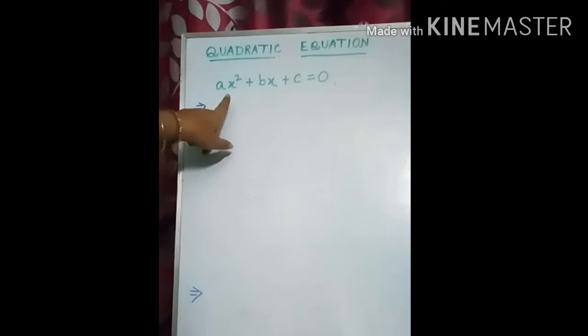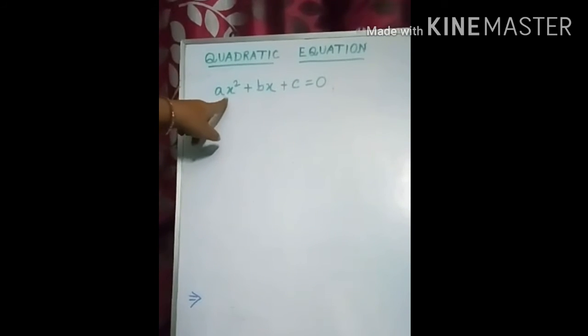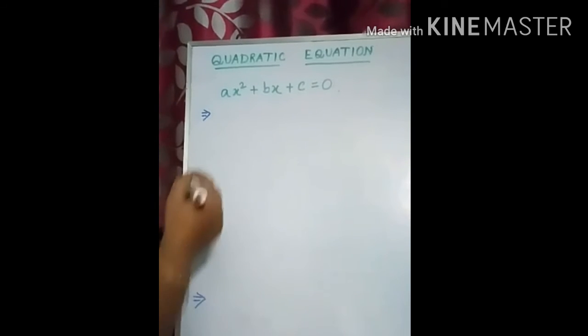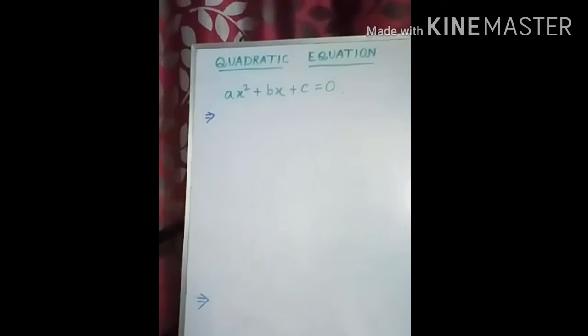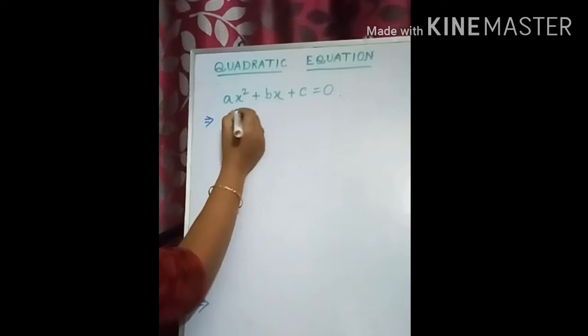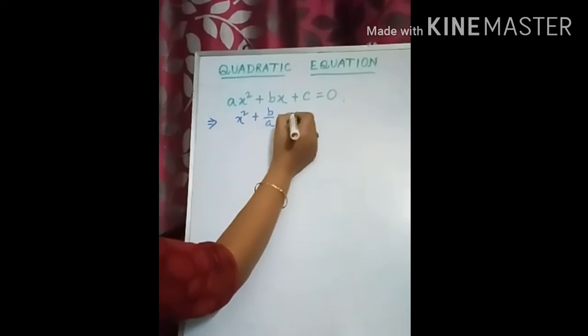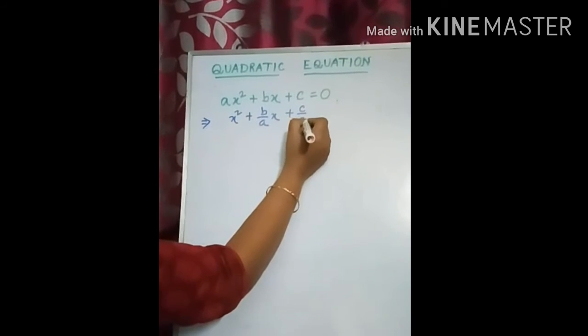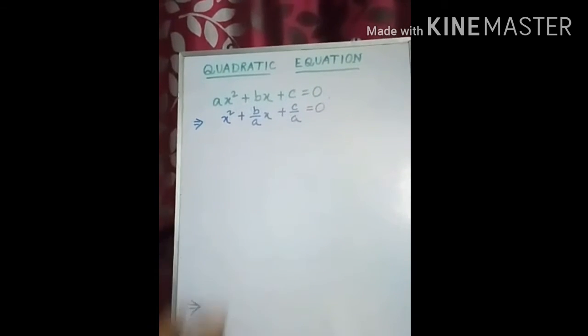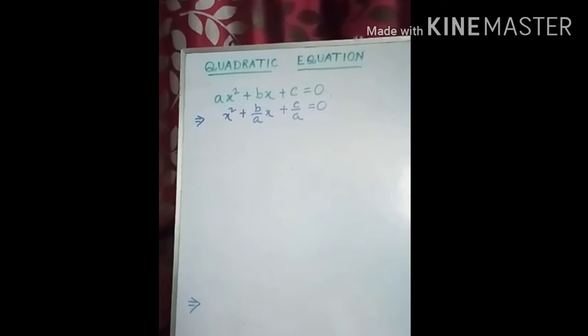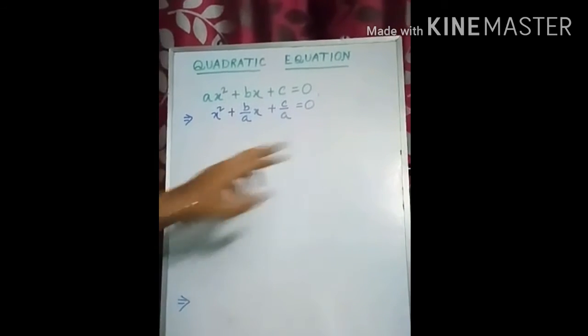First I want to make the coefficient of x square 1. So from each term I will divide by a. After dividing by a, I will get this. This is my first step. Second step, the constant part I will bring on the right hand side.